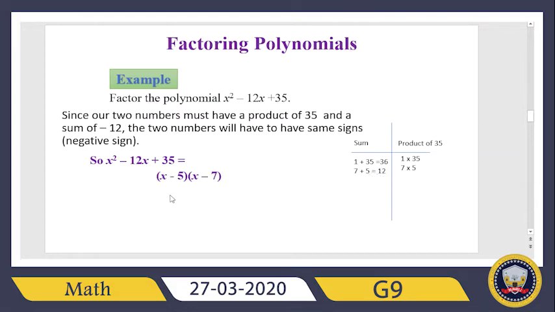So I directly put 5 and 7 as the second term of each bracket, either 7 and 5 or 5 and 7. It doesn't matter which goes in the first bracket and which in the second. In this case only, because in other cases you have to take care of the position of the numbers. But in this case, it doesn't matter which number you start with. Is it clear?